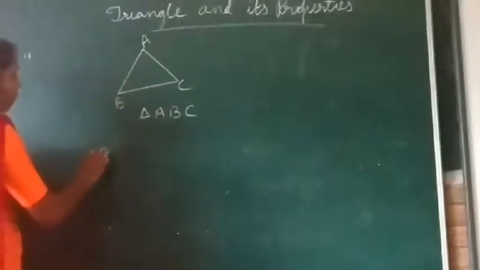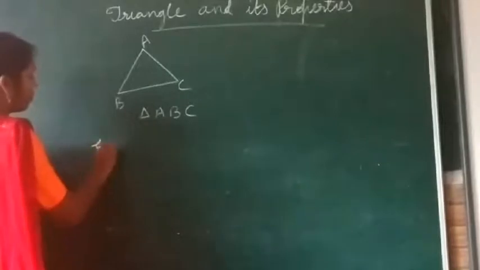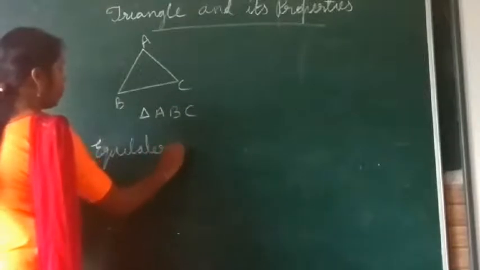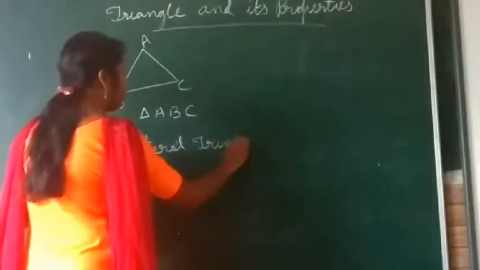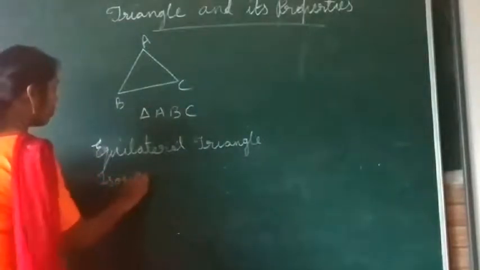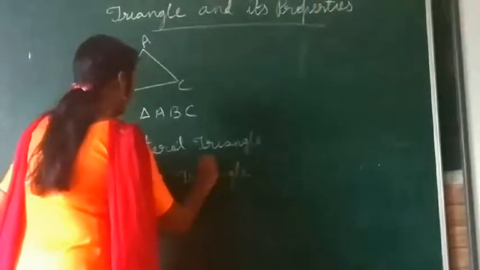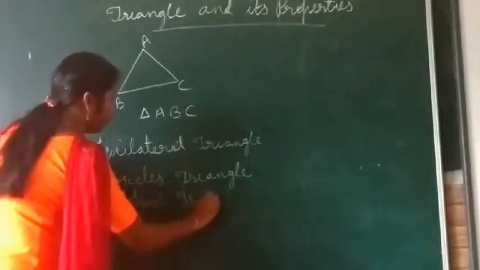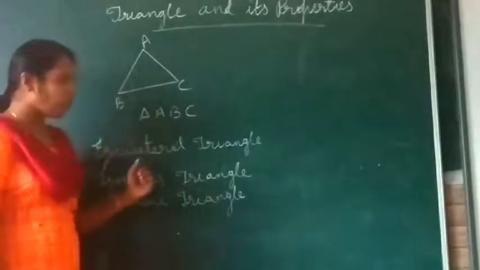They are equilateral triangles, isosceles triangle, and scalene triangle. So this classification is based on the length of sides of the triangle.